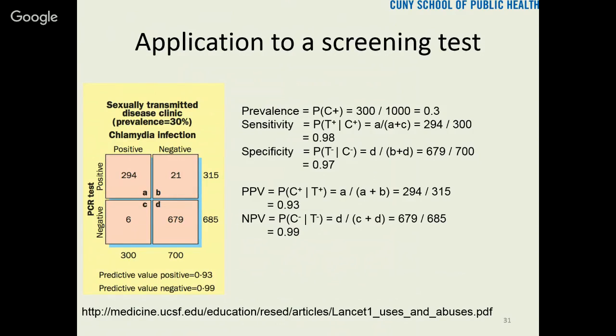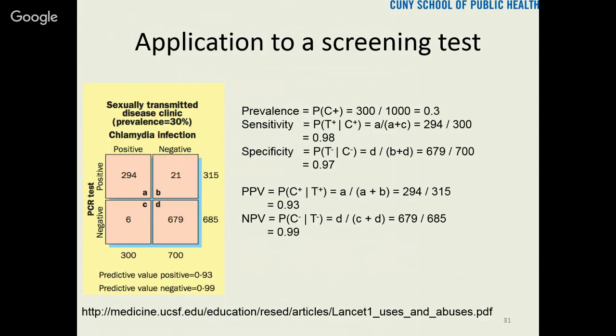The key thing about what we've done here is that it allows you to take these intrinsic properties of a test, the sensitivity and the specificity, use those as the likelihood in Bayes' rule, and combine them with the prevalence of a disease in the population to calculate these posterior probabilities of having the disease or not having the disease, the NPV and the PPV.